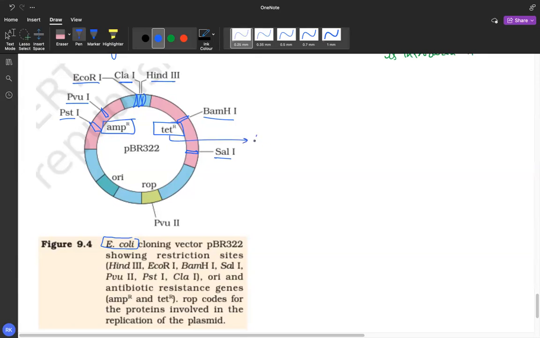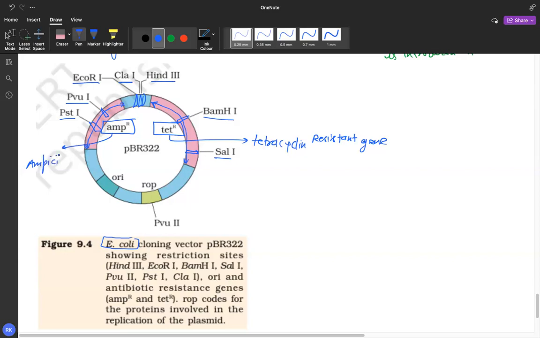So this gives the bacteria protection against tetracycline. So this is the tetracycline resistant gene. And this pink region, the full region, is for tetracycline resistance. And this, another pink region, is for ampicillin.